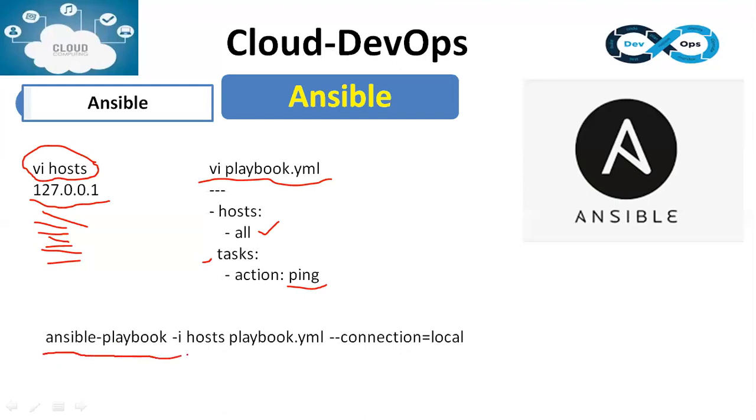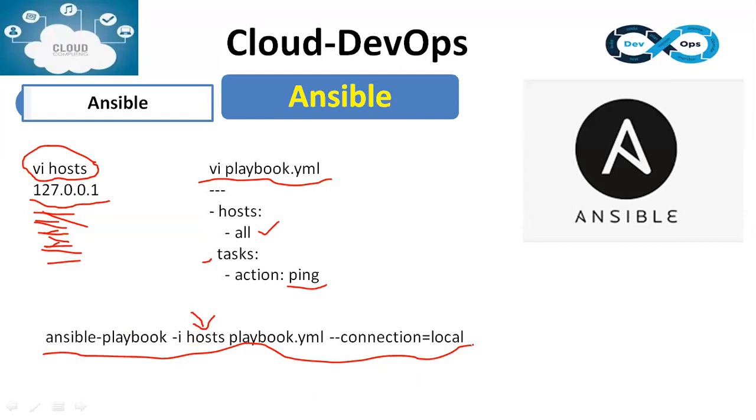So this is the command to run your playbook: ansible-playbook -i host. That means you are specifying host as the file where I have placed all my servers. Playbook.yml is the file where you will define your task.